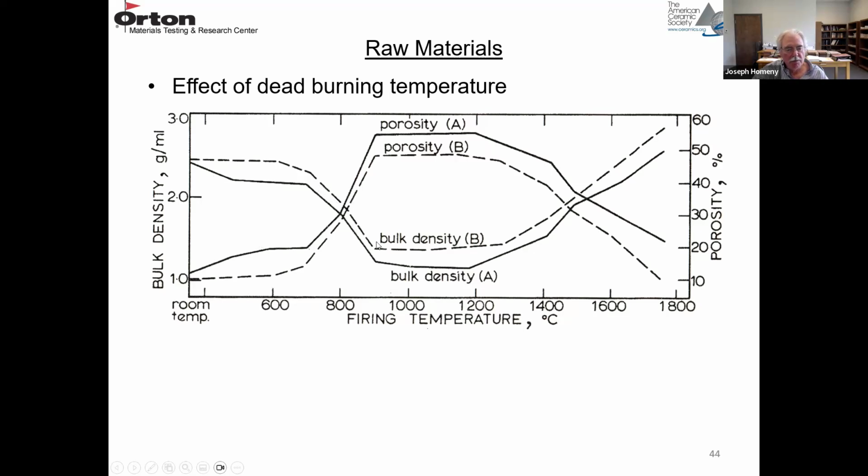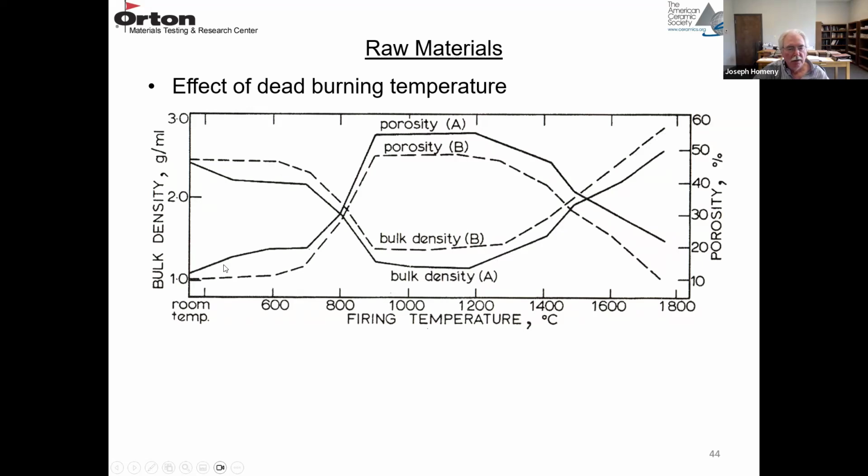And then in this temperature region, about 700 to 900 degrees C, you decompose the dolomite, the CO2 gas comes off, the density decreases. These are for two different materials, A and B. They're both very similar. And then as you start getting up to 1400 degrees C and higher, the sintering process takes over, and now you're densifying the material. So the bulk density goes up.